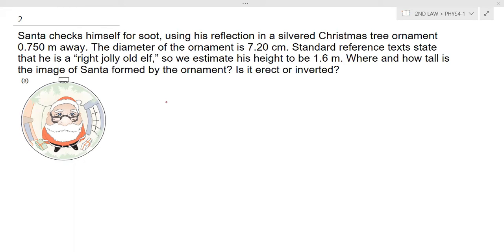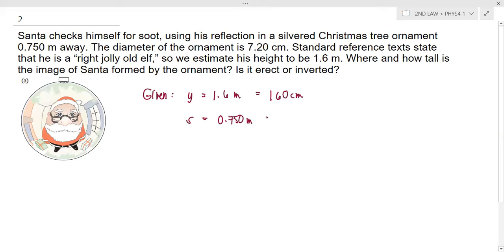To solve this problem, we will first write our given. We have the object height, 1.6 meters, and I will convert it to centimeters in order to be consistent. You can still use meters, but I will just use centimeters. The object distance is 0.750 meter, or 75 cm.